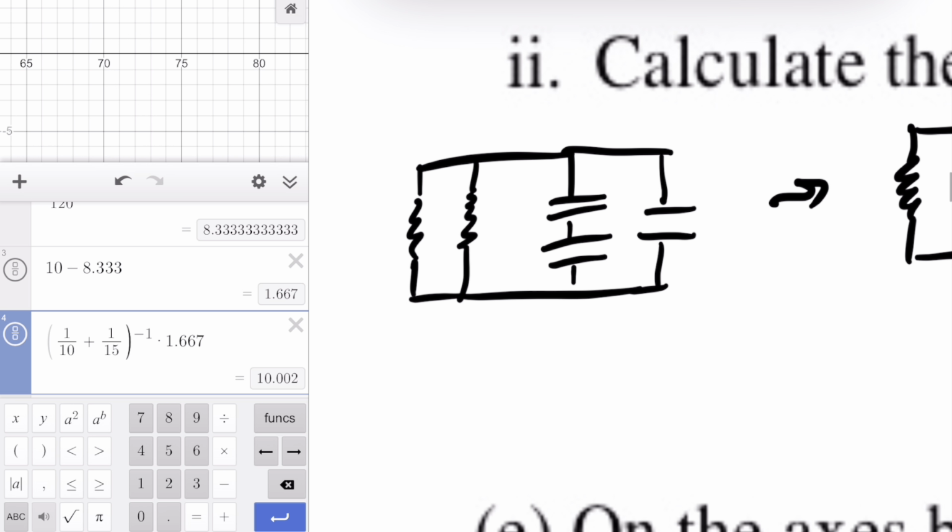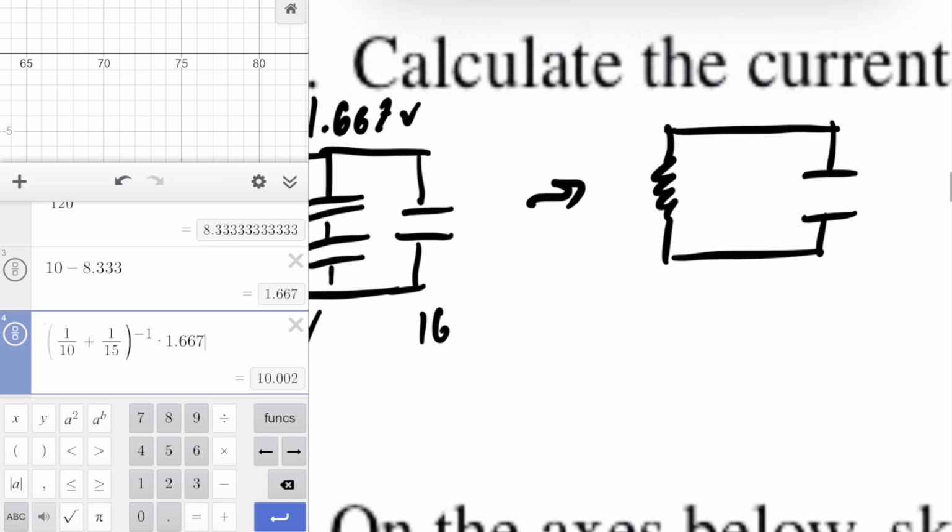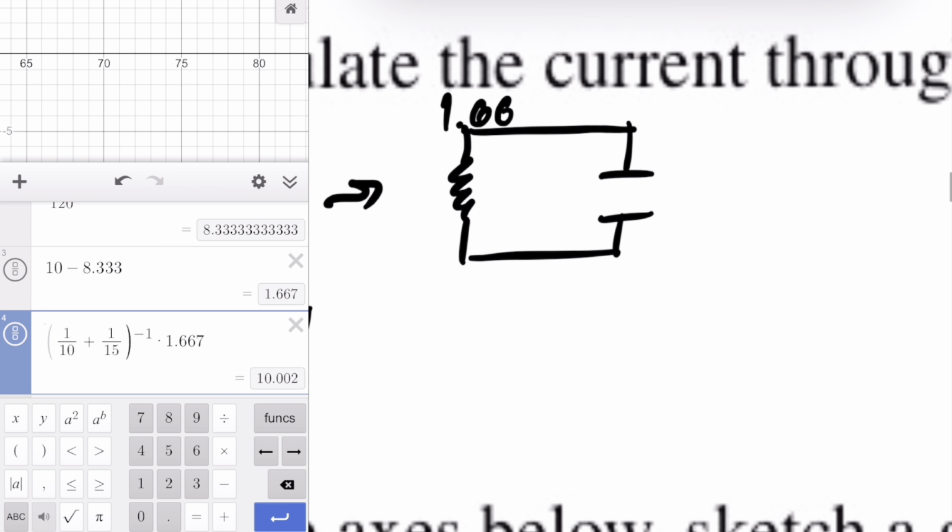And now I want you guys to think. The voltage across each of these branches had to be 1.667 because circuit elements in parallel all have 1.667 volts, right? And it doesn't matter when I combine them into their equivalents, they will still have 1.667 volts, right? So let's think.